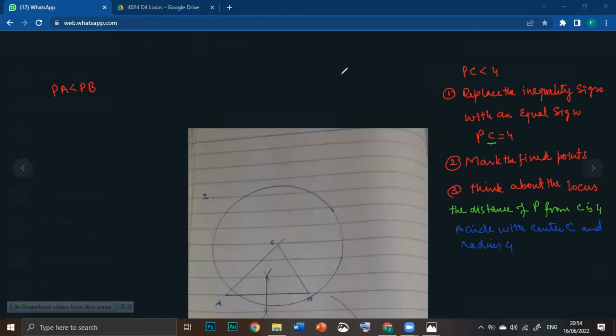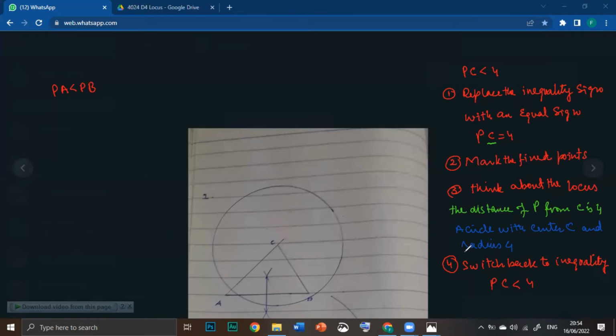Now step 4: switch back to inequality. The inequality is PC is less than 4. The distance of P from C should be less than 4. So should we remain inside the circle or outside the circle? Sir, inside the circle.